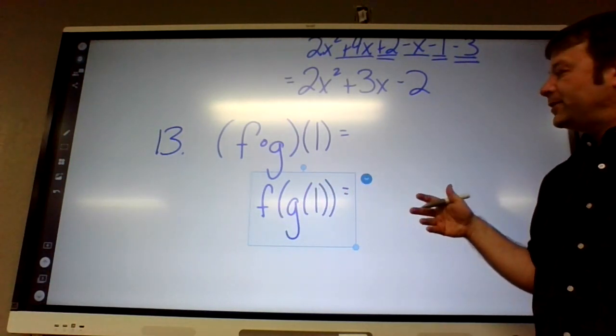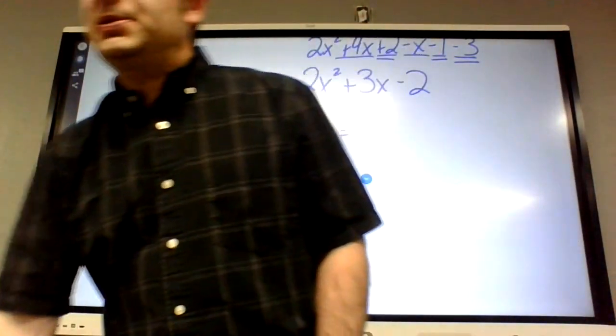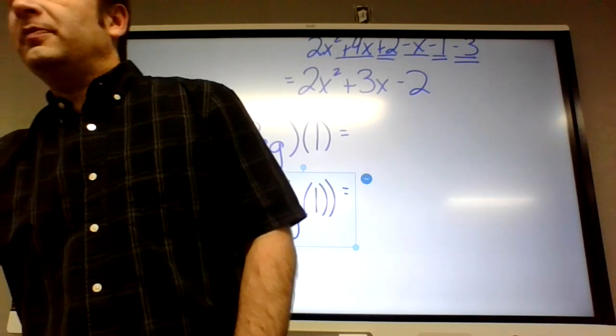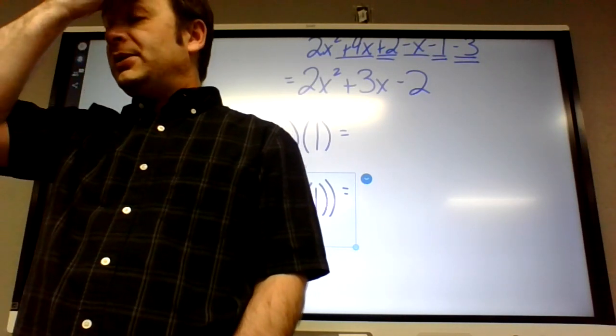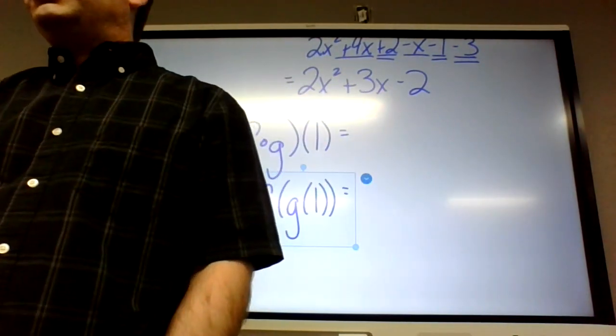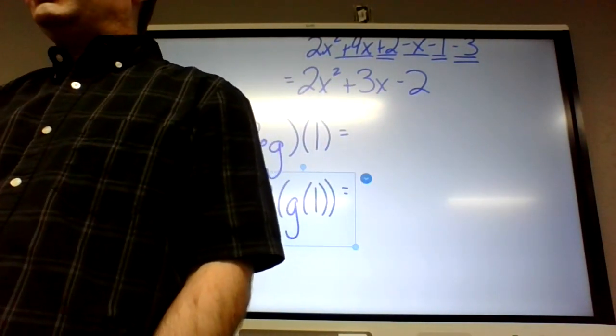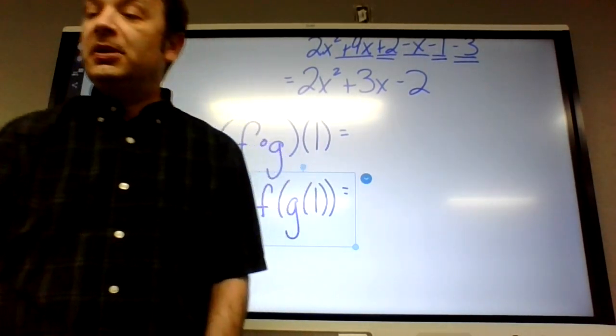Well, they didn't write a function for g on 13. In the directions, it says g equals, over on the right side, 0, 4, 1, 2, 2, 0. That means for the g function, if you put 0 in for x, 4 should come out. If you put 1 in for x, 2 should come out. If you put 2 in for x, 0, and so on.